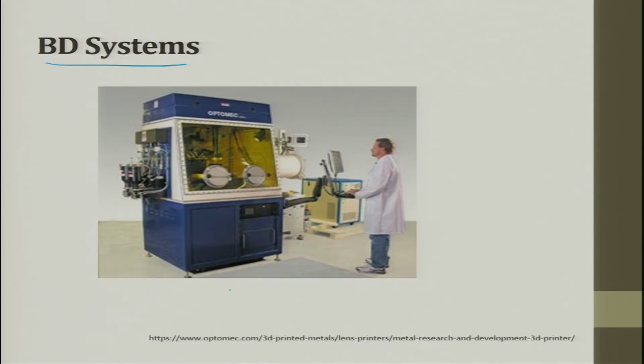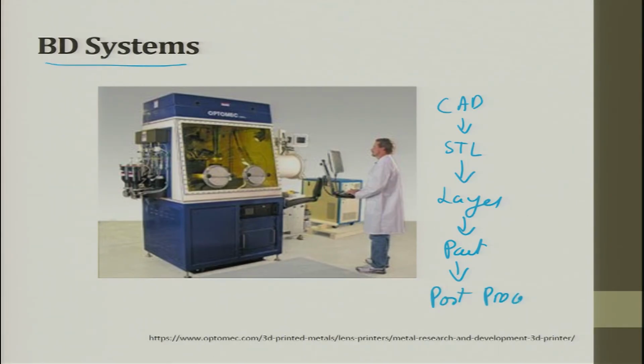This is how the entire system looks like, and the CAD is fed here. So, the CAD is converted: CAD to STL, STL to layer, layer to part to post process is done in this machine. So, CAD, STL, layer cutting is done, and then it is fed to the machine.